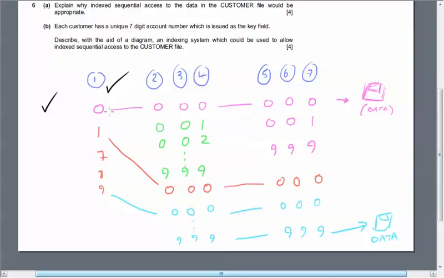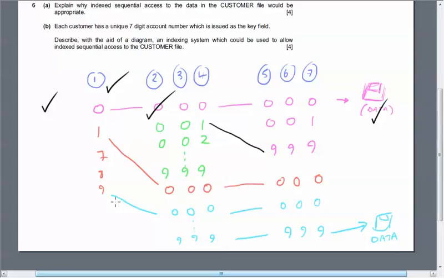One mark pointing to the second level, which we did. Index is shown to be sequential. We've done that because we started with 0 and then worked all the way up to the maximum number of the first 3 before showing a 1 here. Next, we get a mark for the data block.